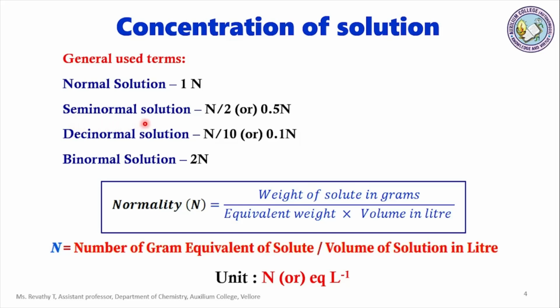Second one is semi-normal solution, which refers to 0.5 N. Decinormal solution refers to 0.1 N. Binormal solution refers to 2 N. The unit of normality generally used is N, and equivalent per liter is used rarely.